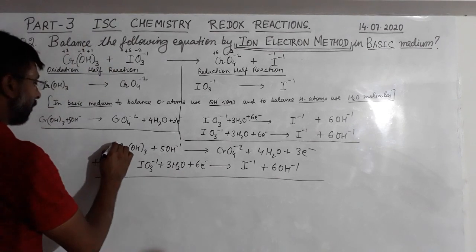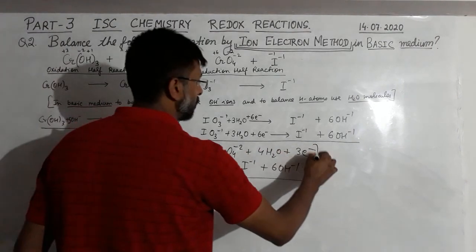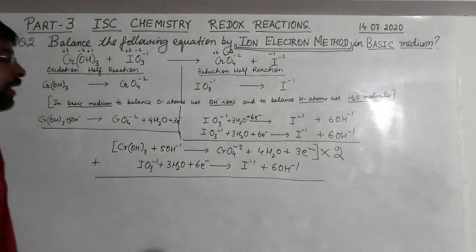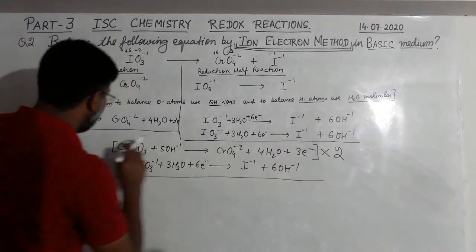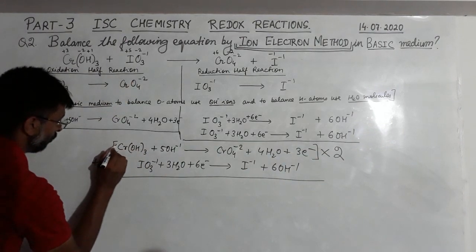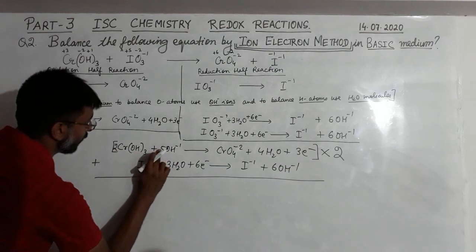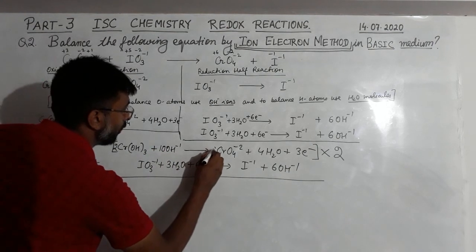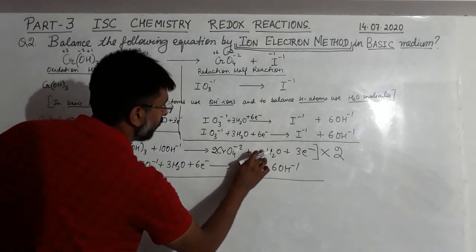So to make the number of electrons the same in both equations, the first equation I will multiply by 2. If I multiply by 2, then this 2 will multiply everywhere. It becomes 2Cr. 5 twos are 10 over here. It becomes 2 over here. It becomes 8 over here.